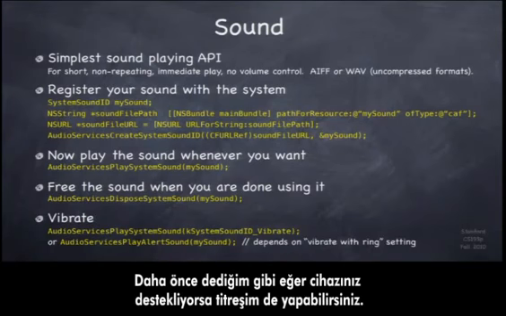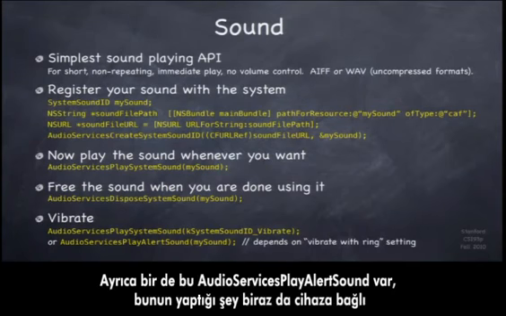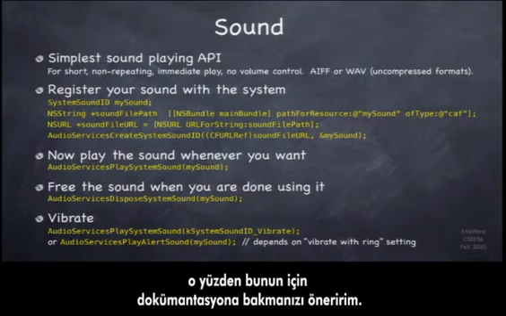And then I said you could vibrate if the device can vibrate. There's a special system sound, kSystemSoundID_Vibrate, so you can play that. There's also this function, AudioServicesPlayAlertSound, which does things that are device dependent, so check the documentation on that one.